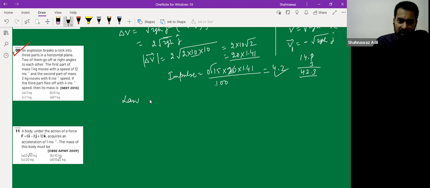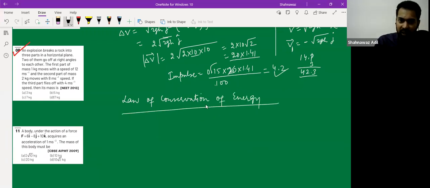One is obviously the law of conservation of energy, right? And the second that will be useful here will be the law of conservation of linear momentum, right?